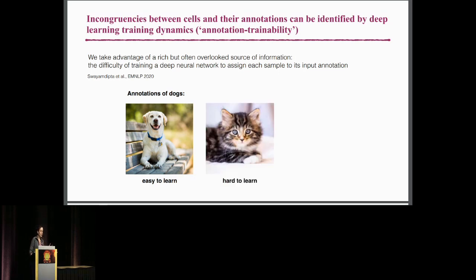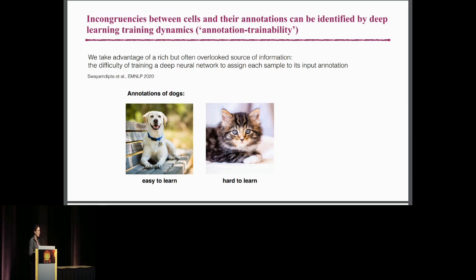On the other hand, we would also have images where the model would have a very hard time. So this image was originally annotated as a dog, okay? The model in the initial stage would say, okay, it's not a dog, it's not a dog, it's not a dog. But then if you train it for long enough, eventually it would give up and say, okay, it's a dog, I believe you.